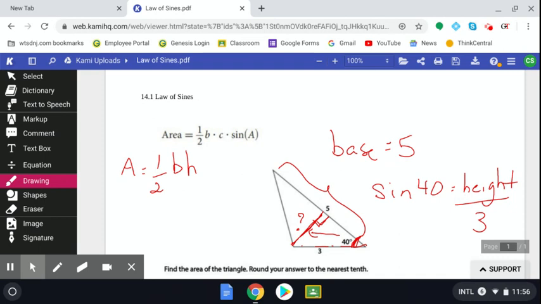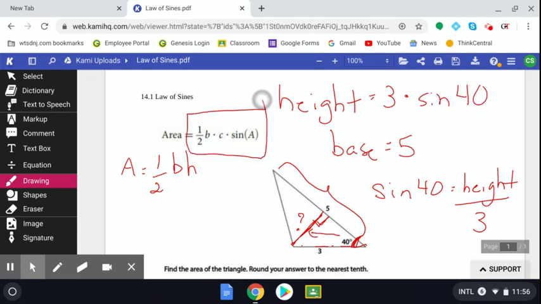So I can say that the height is going to be equal to 3 times sine 40. So that's where this formula comes from, okay?